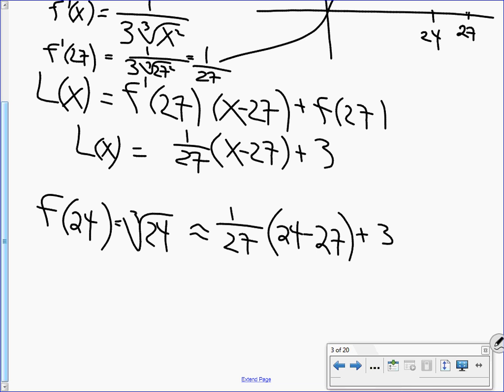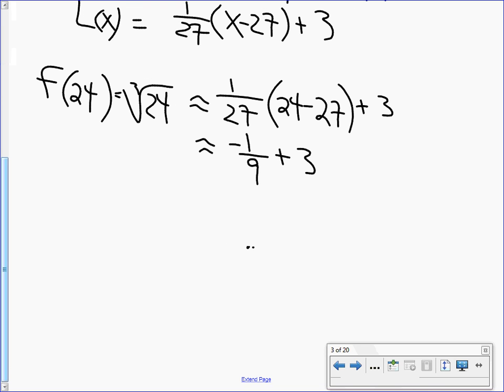Let's do what's in the parentheses first. 24 minus 27, negative 3. So we have negative 3/27ths, or negative 1/9, plus 3. Now, if we want to get a common denominator and combine them, how many ninths are there in 3? So negative 1/9 plus 27/9ths, 26/9ths.